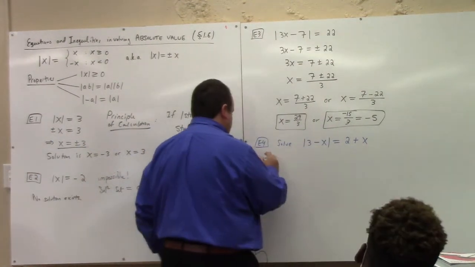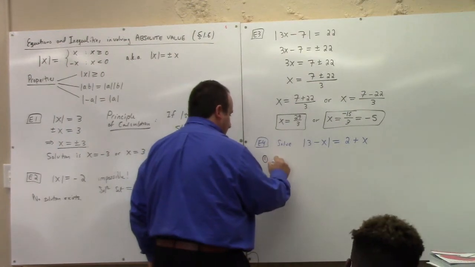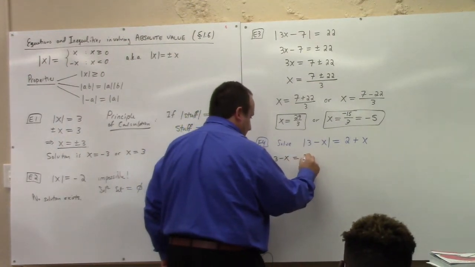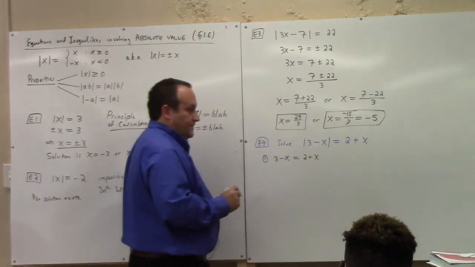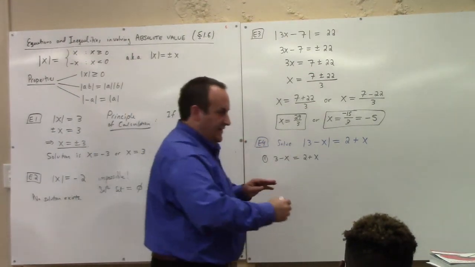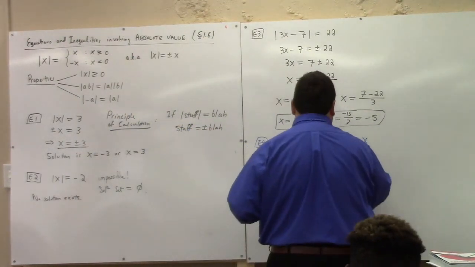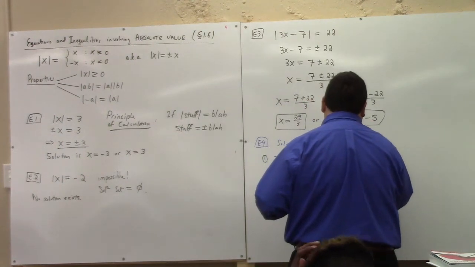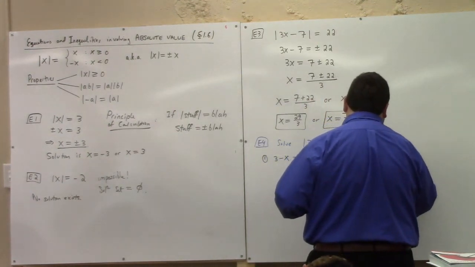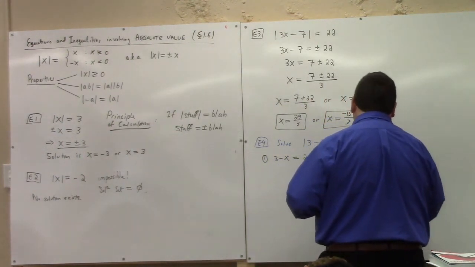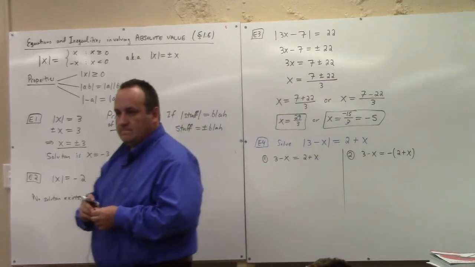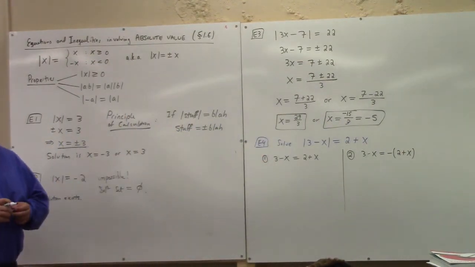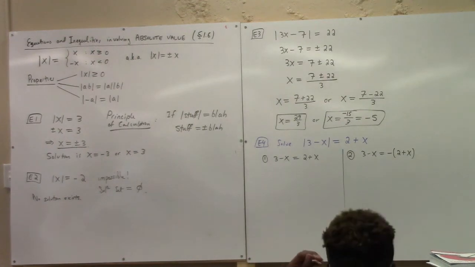Case 1, we're going to solve 3 minus x is equal to 2 plus x. I'll put them side by side. Case 2 is 3 minus x equals minus parentheses 2 plus x, because the absolute value either works out to plus or to minus.